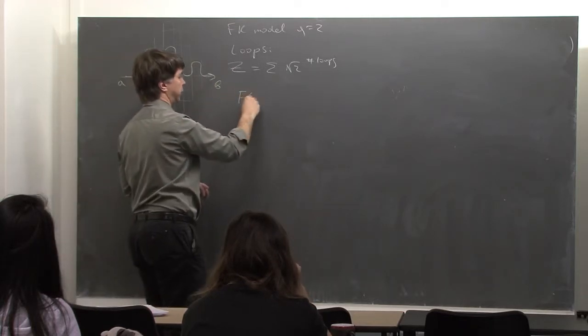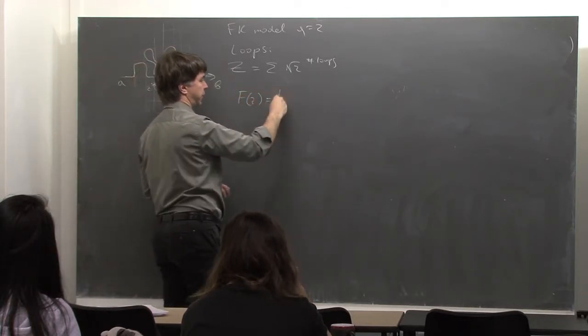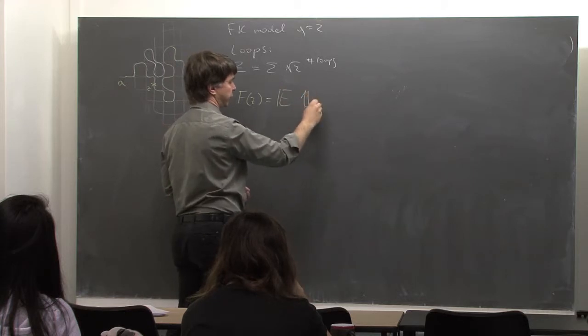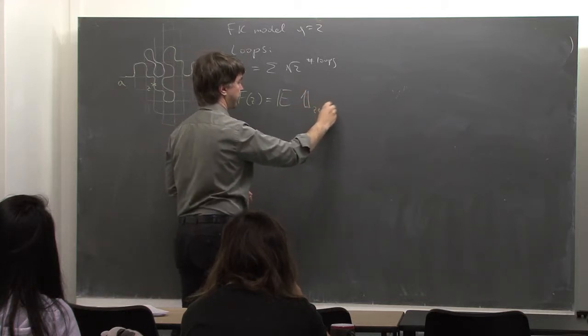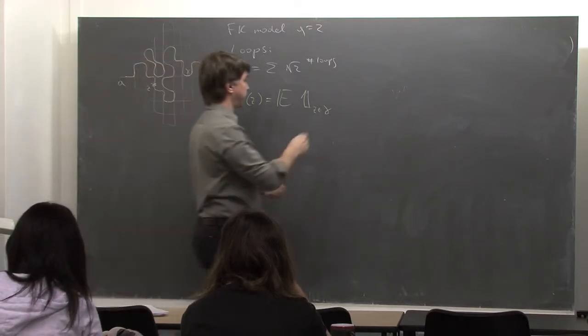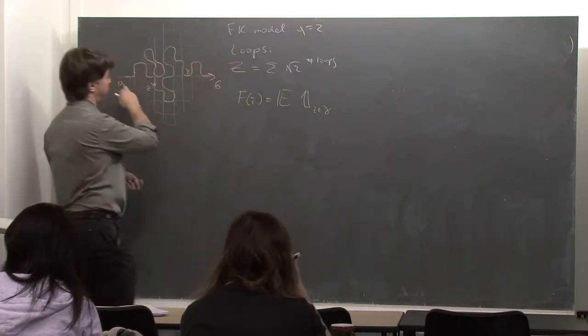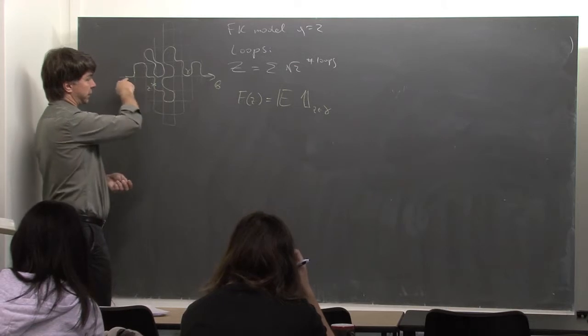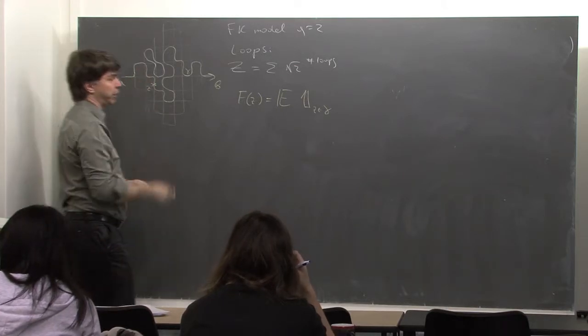The function f of z is the expectation that we passed through this point z, but taken with a weight which basically counts how many turns we made.